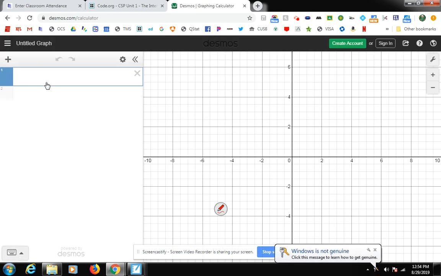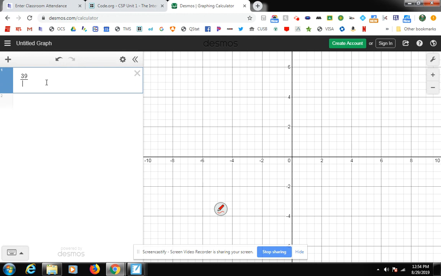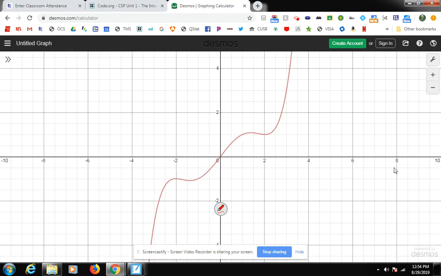It's 39 over 30x minus 1/3 x cubed plus 1/30th x to the fifth.